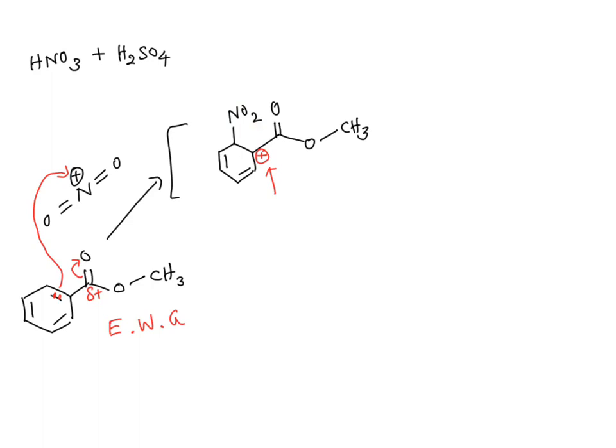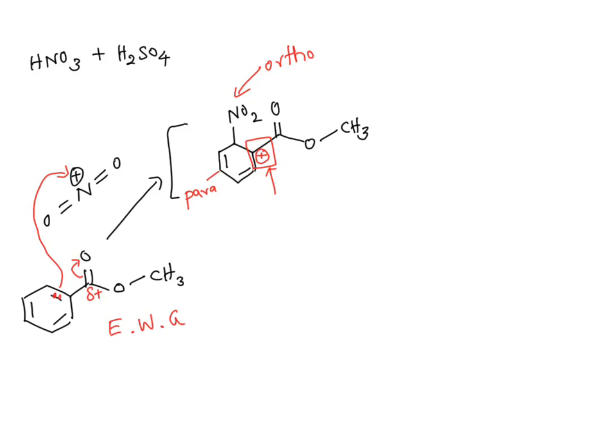Why do you get the nitro group on the meta position but not the ortho position or para position? You don't get nitro groups on these two locations because of the reason that positive charge will end up on a carbon that is next to an electron withdrawing group. Alright, so that's the answer.